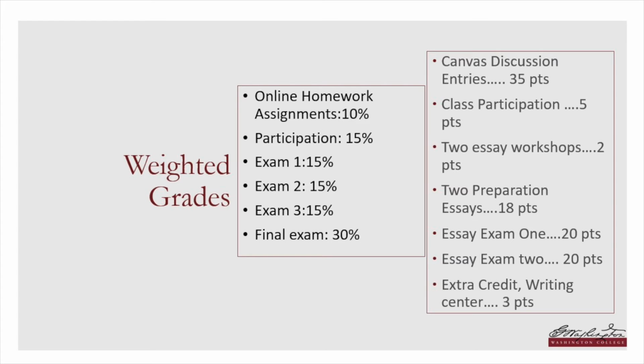Your class participation is worth 5 points. Maybe you do 2 essay workshops worth 2 points, or 1 each. 2 preparation essays, 18 points, and so on. Your faculty might list how the grade is weighted differently, so it's always important to pay attention to each grade in each class and compare each class to one another.